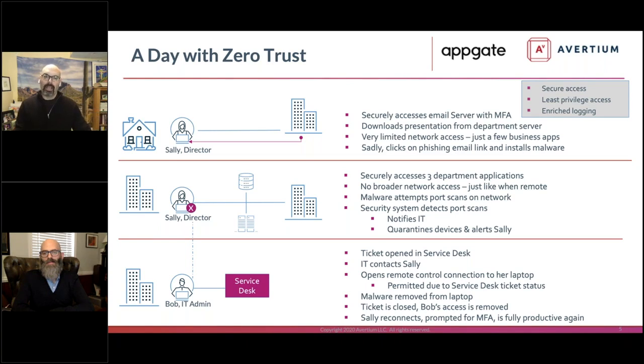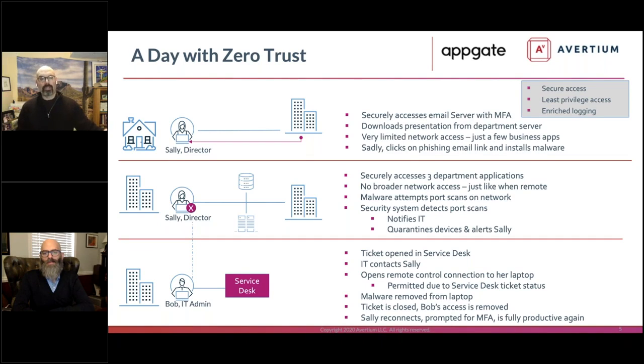What's interesting about that is that network connection is allowed only because there's a service desk ticket in the open state. So the zero trust system recognizes that it's tied to this business process and allows Bob to log in and perform the administrative activities to clean up the malware, only because there's a service desk ticket in the open state. So it's a really nice example of zero trust using, in this case, context from a business process to map down to enforcement at the network layer.